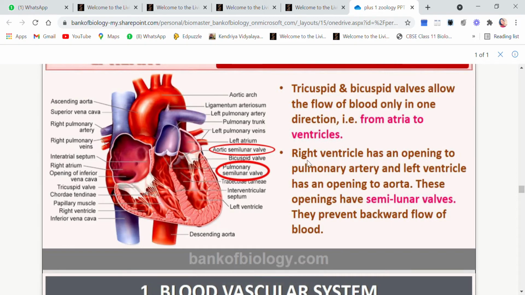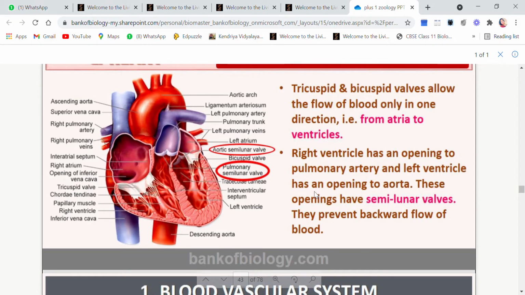Children, right ventricle has an opening to pulmonary artery. Now there is an artery which is coming out of right ventricle. You see the pulmonary artery. So again there is an opening which is connecting right ventricle to pulmonary artery.